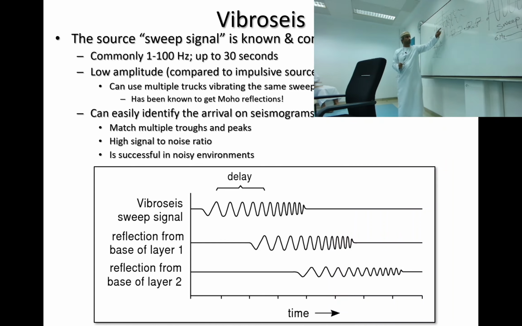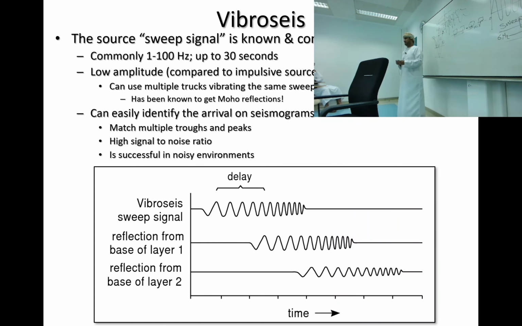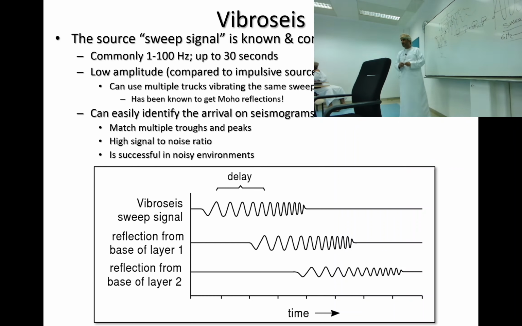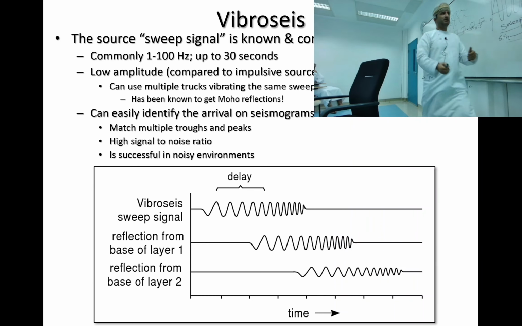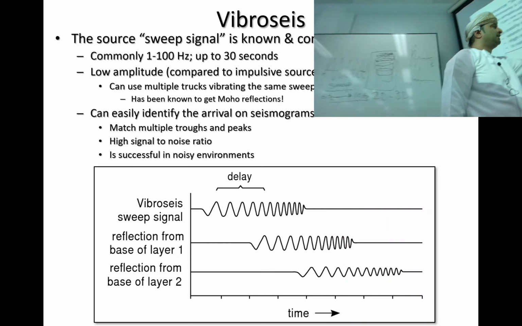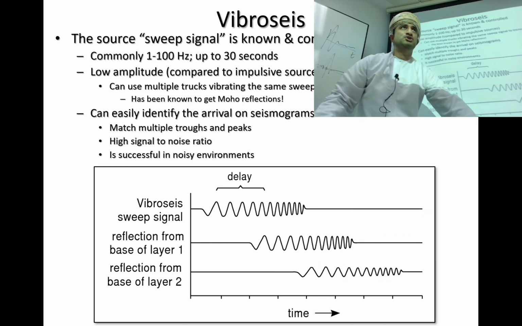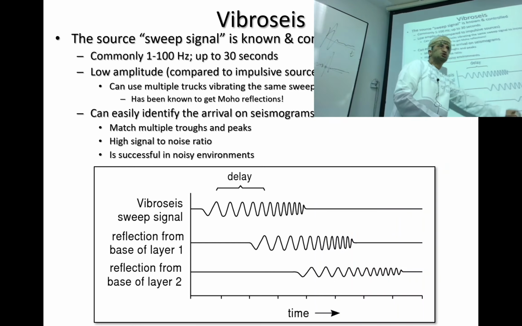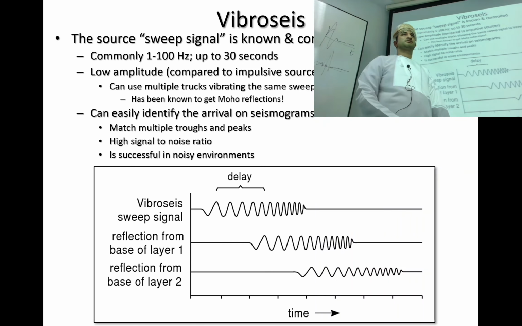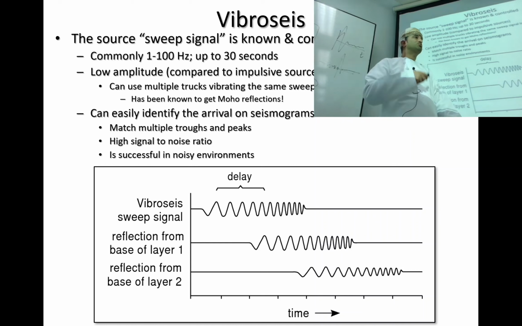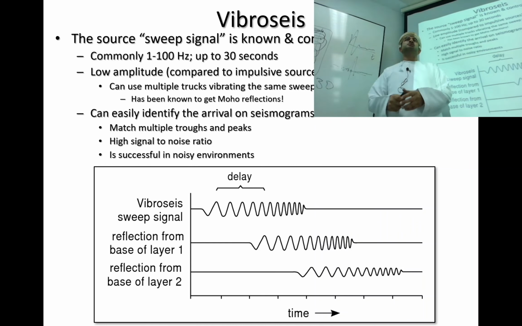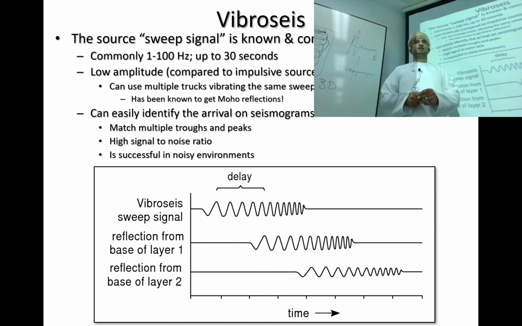So you cannot recognize where the second reflector is. Can I? I'm summing them up. It's hard then to recognize where exactly the point of the second reflector is, at what time the reflection from the second layer appeared or was received.